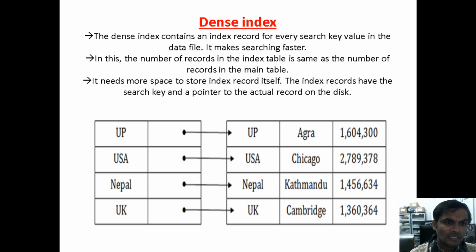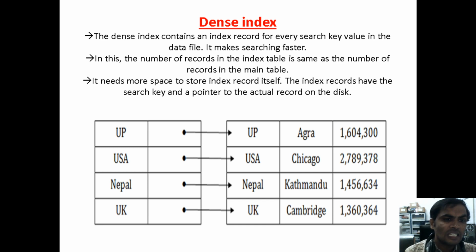Only in the dense index do similar columns exist in the index structure and the main table, meaning the search key values are available with the data, and with the help of the data reference or pointer reference, the main table exists.